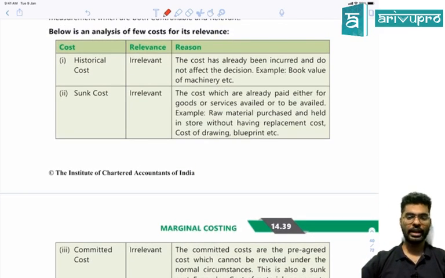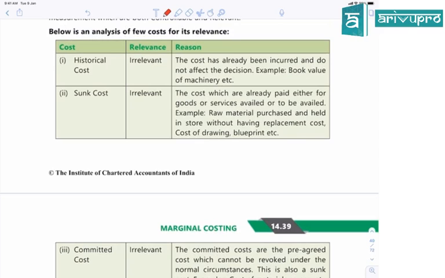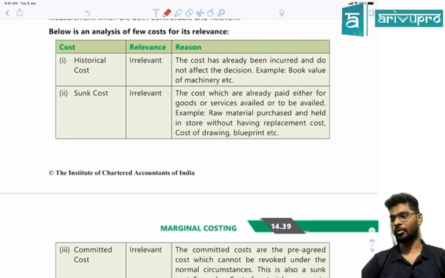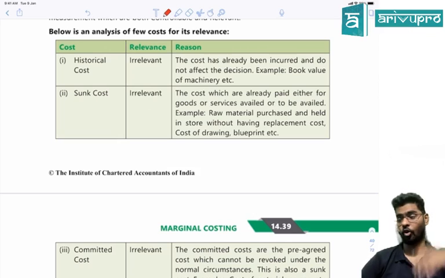Now, whenever we are taking a short-term decision, okay. Let's take our example of our Mr. Suresh. Mr. Suresh wants to buy an Audi car. Okay. 3 days back, he bought a Mercedes car. But now he is not happy with the Mercedes. Our Suresh wants to buy which car? Audi.